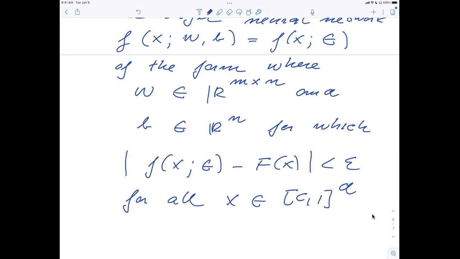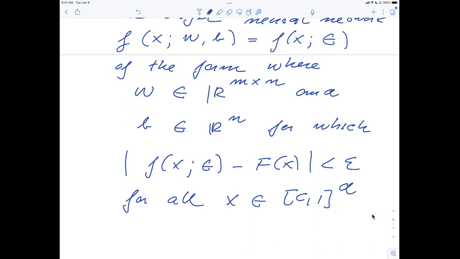Now, none of the proofs, however, give any insight about the relation between this accuracy and the number of hidden layers. The theorem states simply that with one hidden layer you can approximate this function to a given epsilon, but it doesn't say anything about the number of hidden layers which are needed. It doesn't say anything about the number of nodes which are needed, and it doesn't say anything about the type of algorithms we are going to need when we, for instance, calculate the gradients.